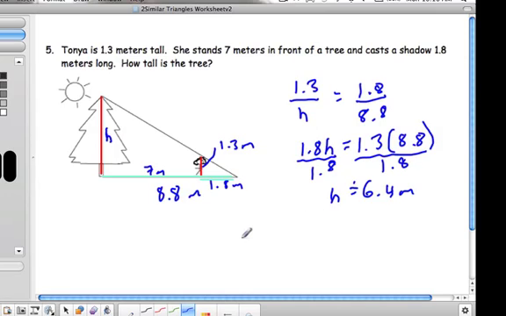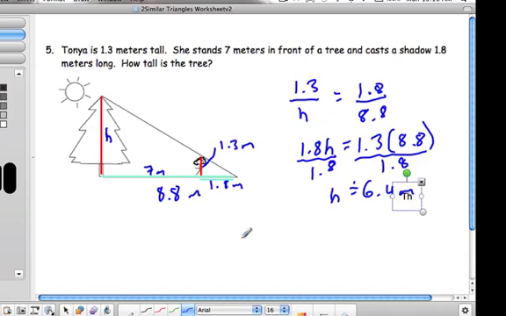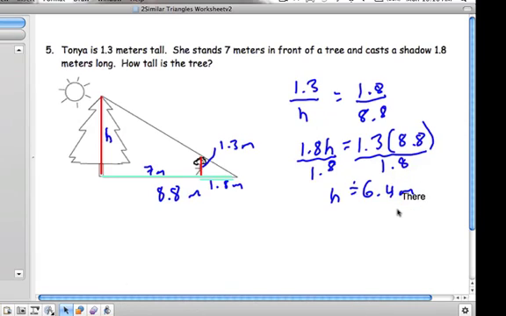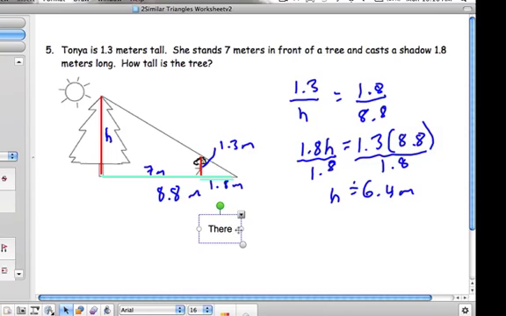Okay, make sure you write a concluding statement. So therefore, the tree is 6.4 meters tall.